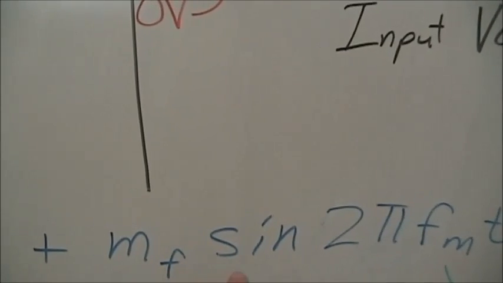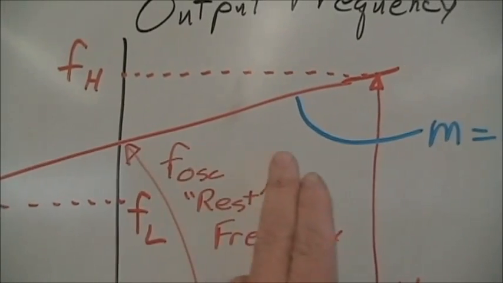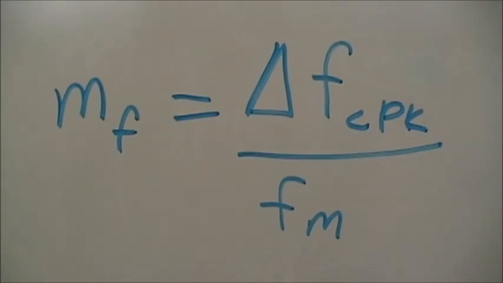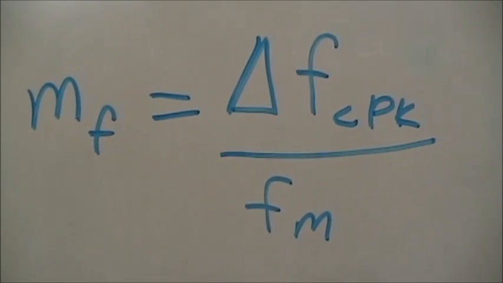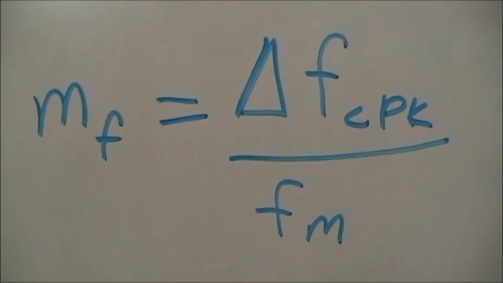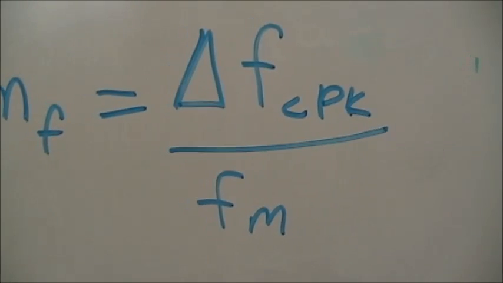So this voltage will produce the carrier frequency change. The modulation index, which determines the change in the frequency of the carrier, will be related to delta f_c peak divided by f_m.